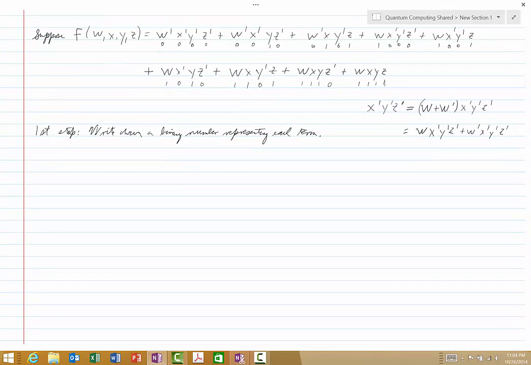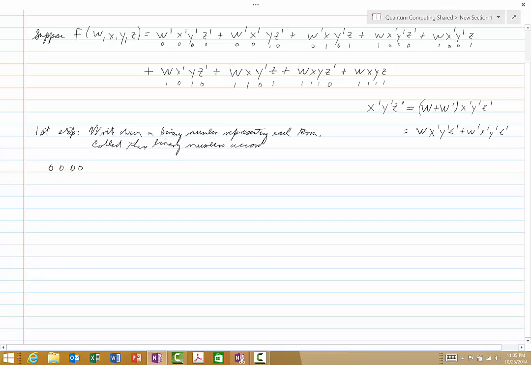So now we collect all of those numbers together. We have 0, 0, 0, 0, but we're going to collect these binary numbers according to the number of zeros in each of them.